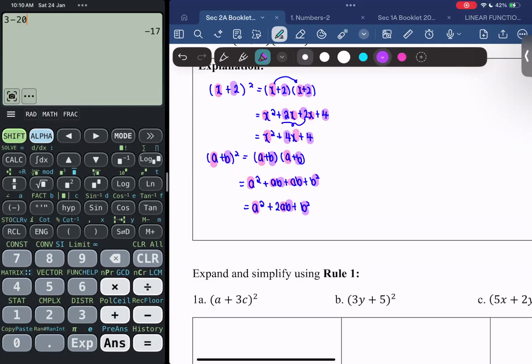So you can see, actually you are doing the same thing. When you match letter for letter, letter for number, you're actually doing the same thing.